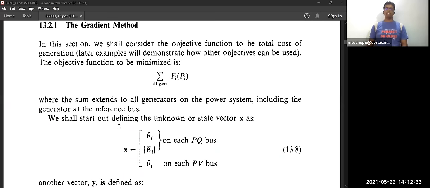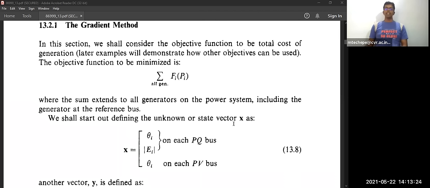So we shall start out by defining the state vector x, that is theta i and Ei. Theta i is nothing but the change in the phase angle, that you know.